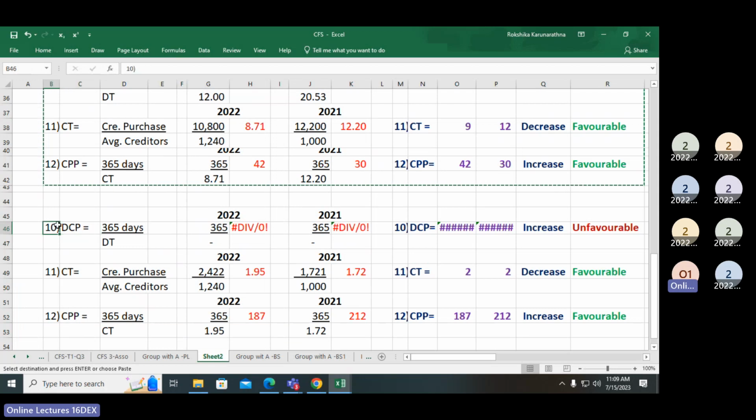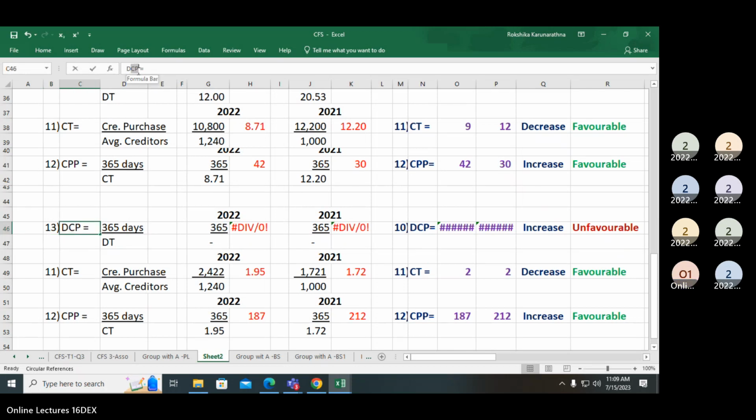Number 13, debt ratio. Debt divided by debt plus equity, into 100%.